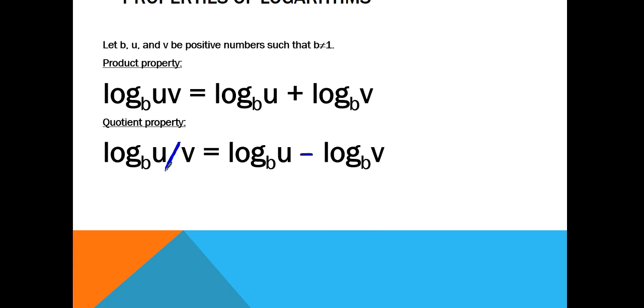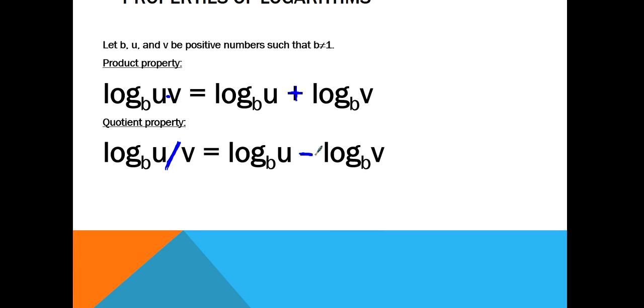If they multiply your paycheck by 2, that would be a positive thing, versus if they divide your paycheck by 2, that would be a negative thing. So the positives go together. The product property, multiplication, deals with addition, where the quotient, division, deals with subtraction. So it makes sense the way they're paired together.